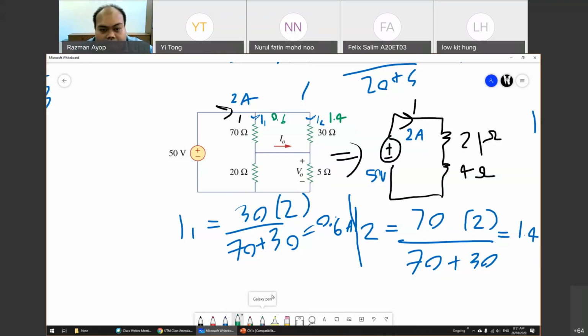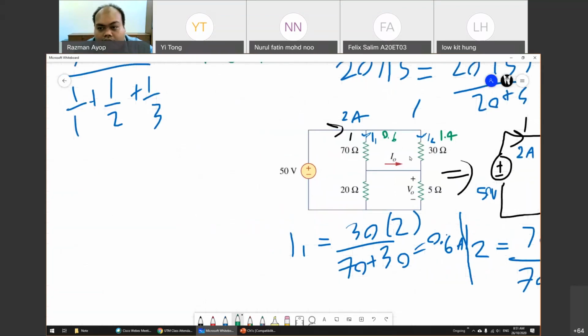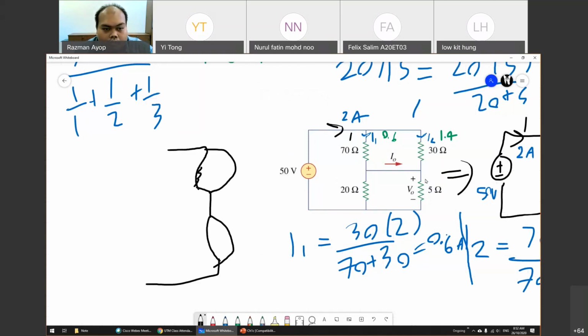Okay, if you redraw this again, it basically becomes this one is 70, this one is 30 ohm, this one is 20 ohm, this one is 5 ohm.